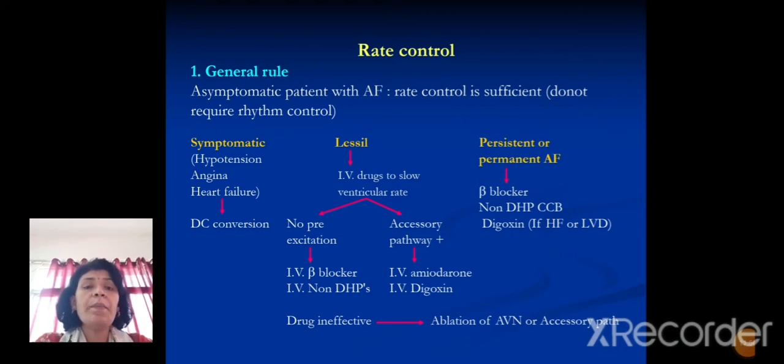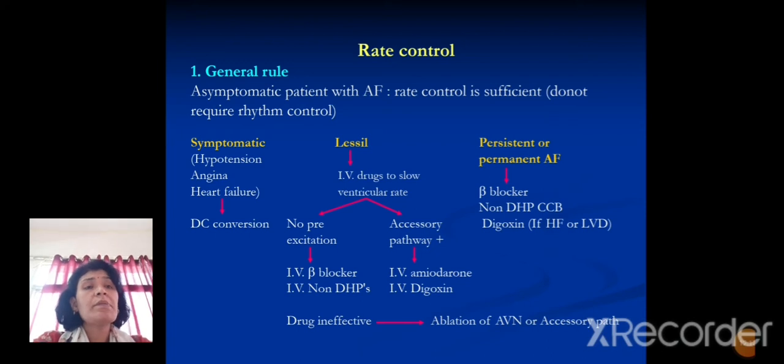If there is no evidence of pre-excitation, then we prefer either IV beta blocker or IV non-DHP CCBs. But if an accessory pathway is present, then we prefer either IV amiodarone or IV digoxin.